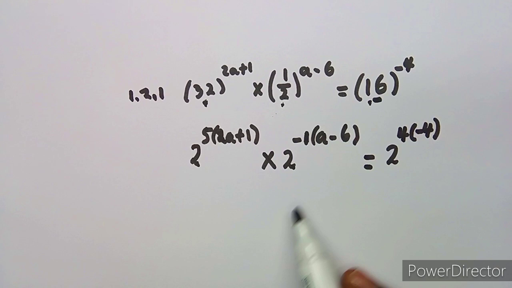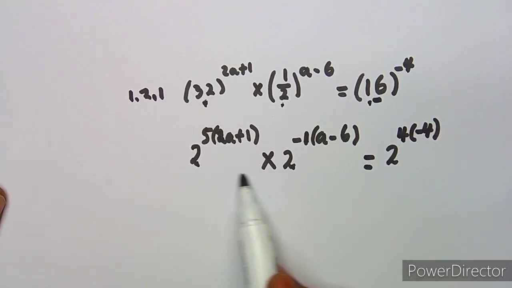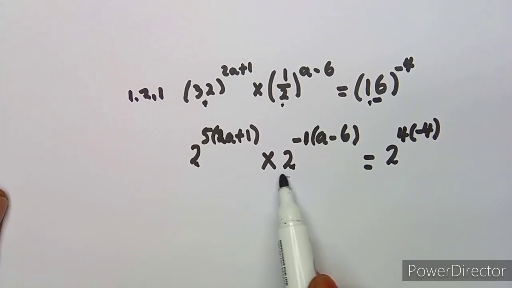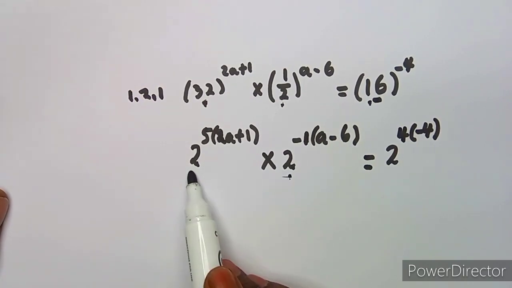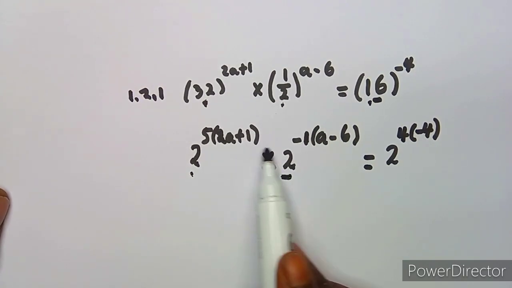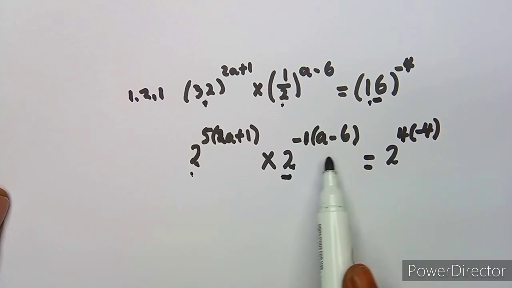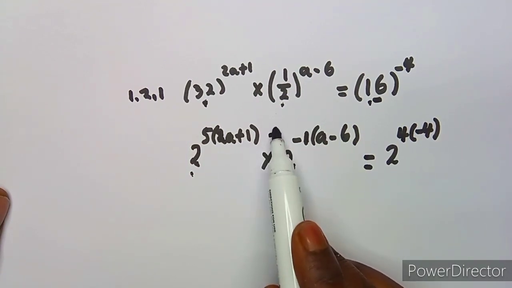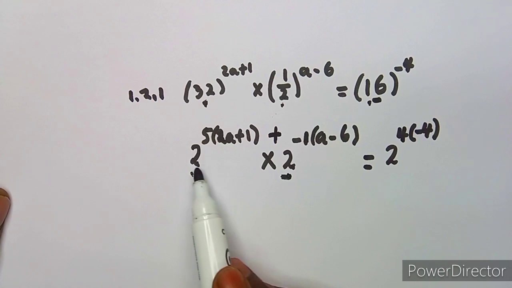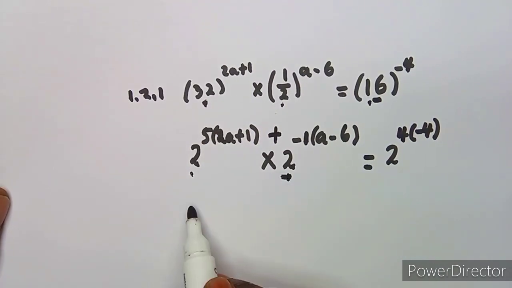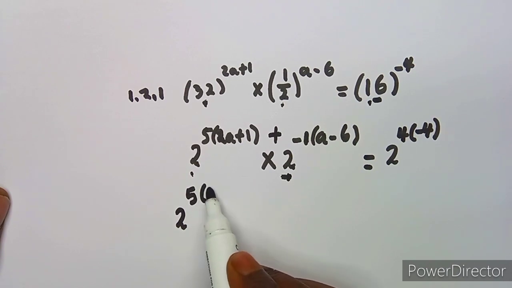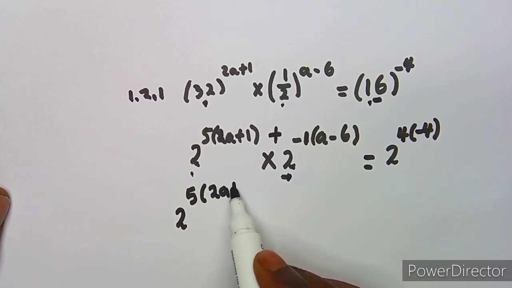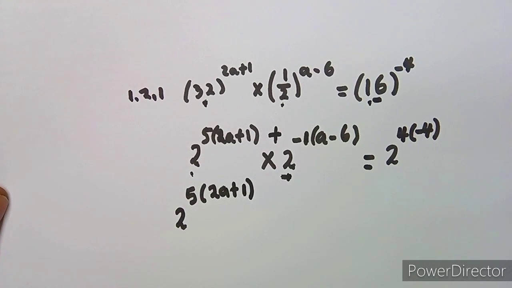You can apply any law here. Okay, here we can expand brackets. Then we are multiplying the bases, which are the same. So you are going to add the exponents. Remember that you are going to add the exponents because you are multiplying the bases, which are the same. So it's going to be 2 to the exponent of 5 into 2a plus 1, like this.